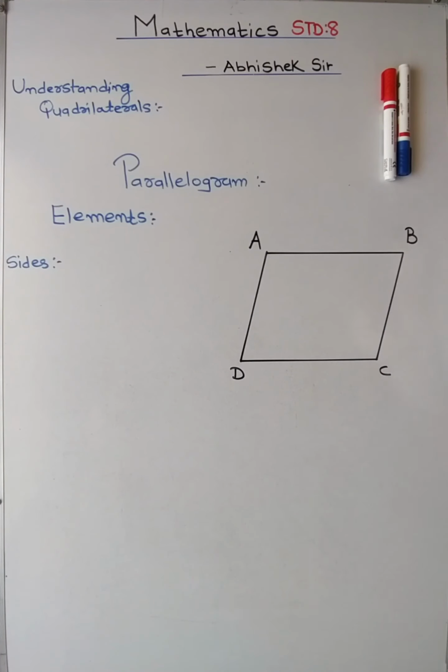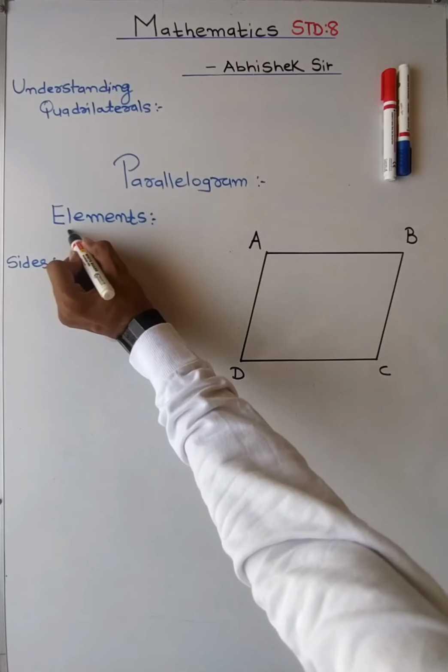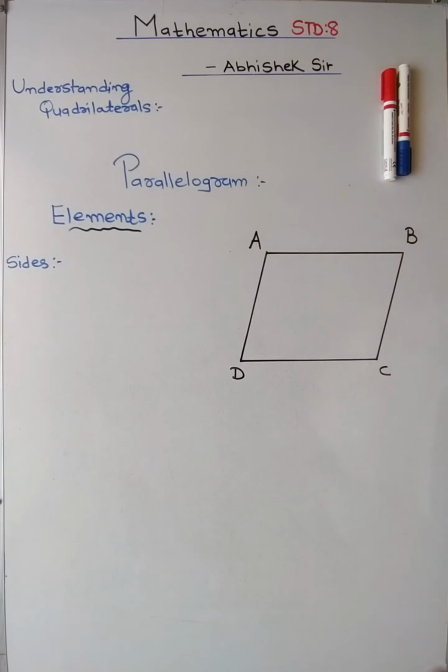Now let us study parallelogram in a little more detail. So let us start with the elements of parallelogram, right? Elements means what are the various parts of parallelogram. So we all know that we have 4 sides in this parallelogram as it is a quadrilateral.